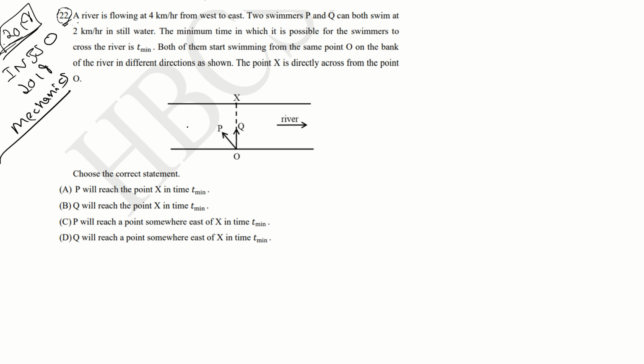Firstly, we can see that P will not reach in t minimum. Why? Because when you take components, this is theta. Let's say P's velocity is Vp. So this will be Vp sin theta and this will be Vp cos theta. Time is given by distance upon the velocity in the straight line, so it is going to be d over Vp cos theta.